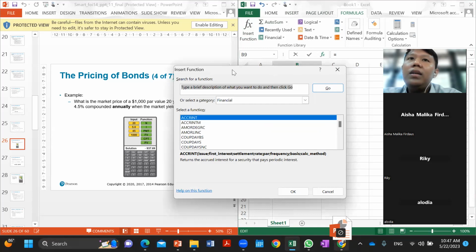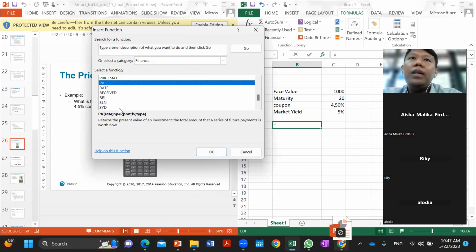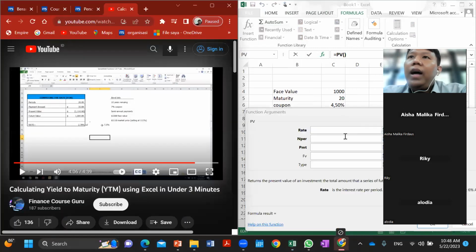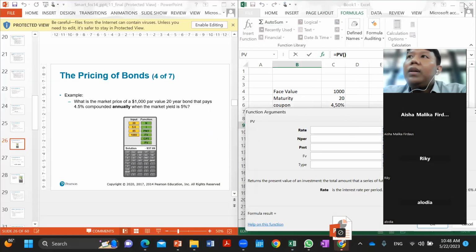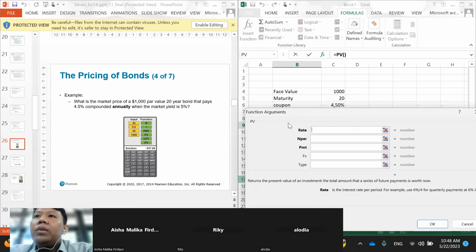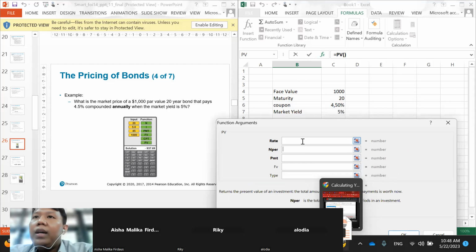In this function list, we will go to present value, PV. Now we will have this small box here, and I will try to input some of the data that we have.